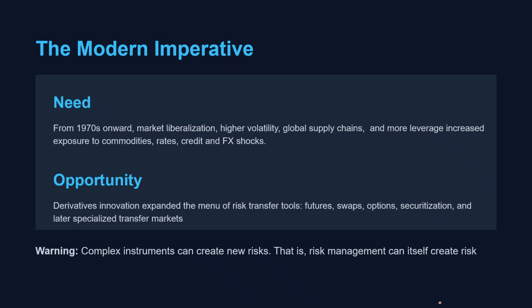At the same time, financial innovation created new tools. Firms gained access to forwards, futures, swaps, options, securitization structures, and increasingly specialized transfer markets. This expanded the menu of possible hedges. But this chapter stresses an essential warning.